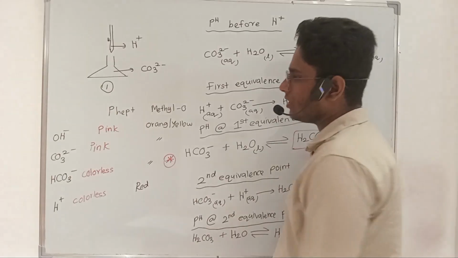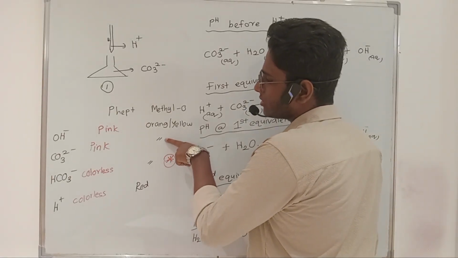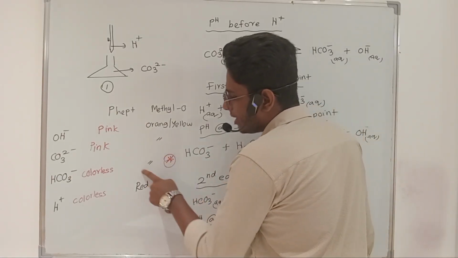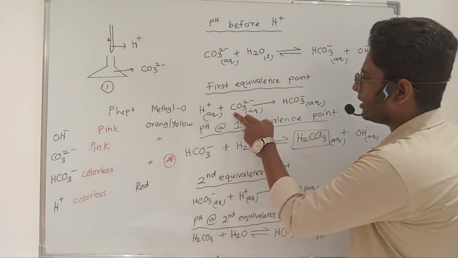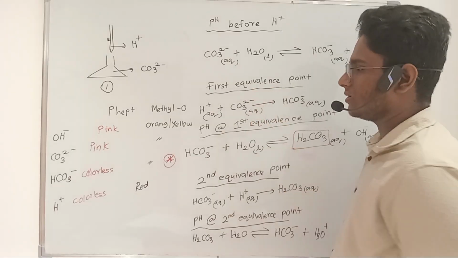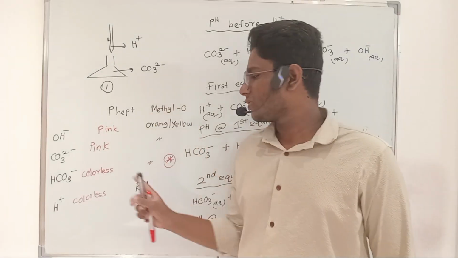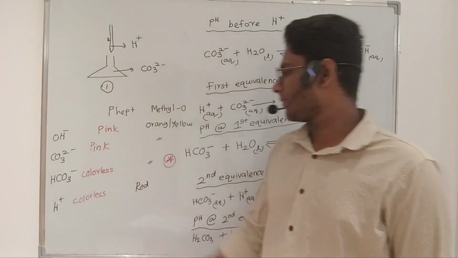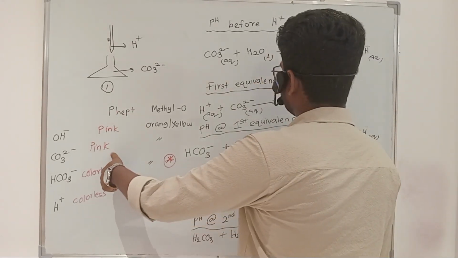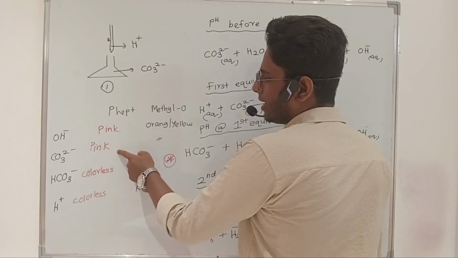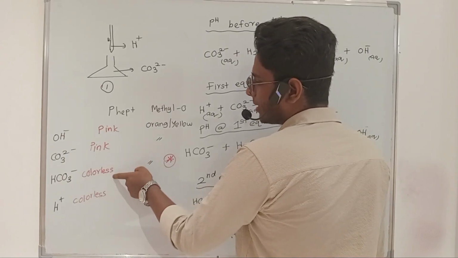Now if you look at methyl orange, you all can see at carbonate it provides orange yellow color, and at bicarbonate also it provides orange yellow color. So at bicarbonate and carbonate, it shows the same color, so you can't use methyl orange. Now, what about phenolphthalein? When it's carbonate, it's showing pink color, and when it forms bicarbonate, it's showing colorless.